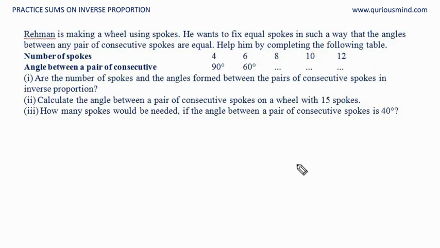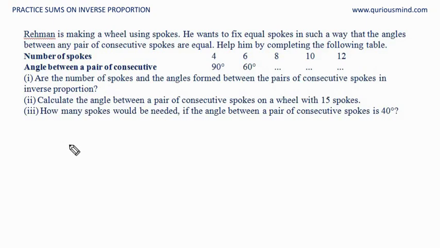Number of spokes 6, so the number of spokes has increased and the angle has reduced. So it seems to be an inverse proportion. Let's see if the product is the same. 4 into 90 is 360, 6 into 60 is 360. That means this is definitely inverse proportion.